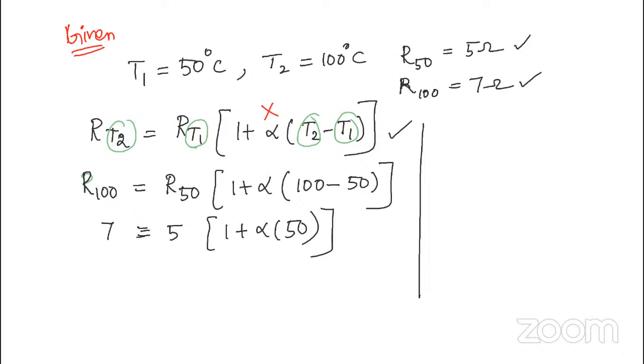Yes, Vidya, very good. Okay, let us now solve this one. Let us see what comes. So now, first step, you just multiply this one. Okay, so it becomes 5 plus 5 alpha into 50.